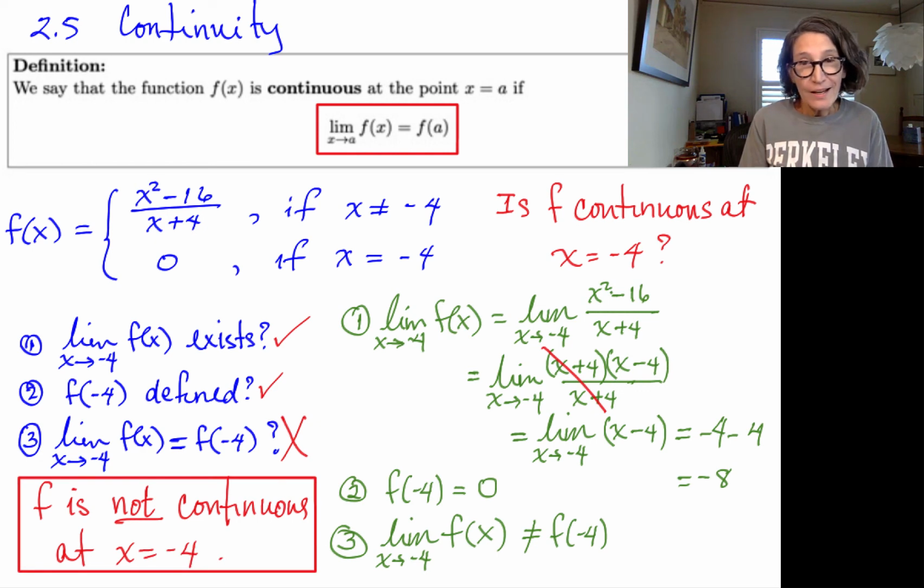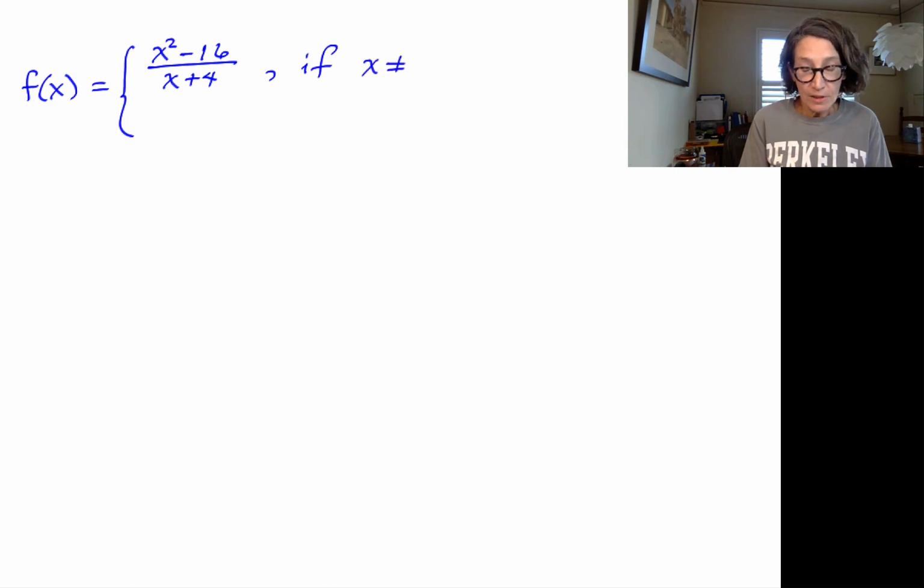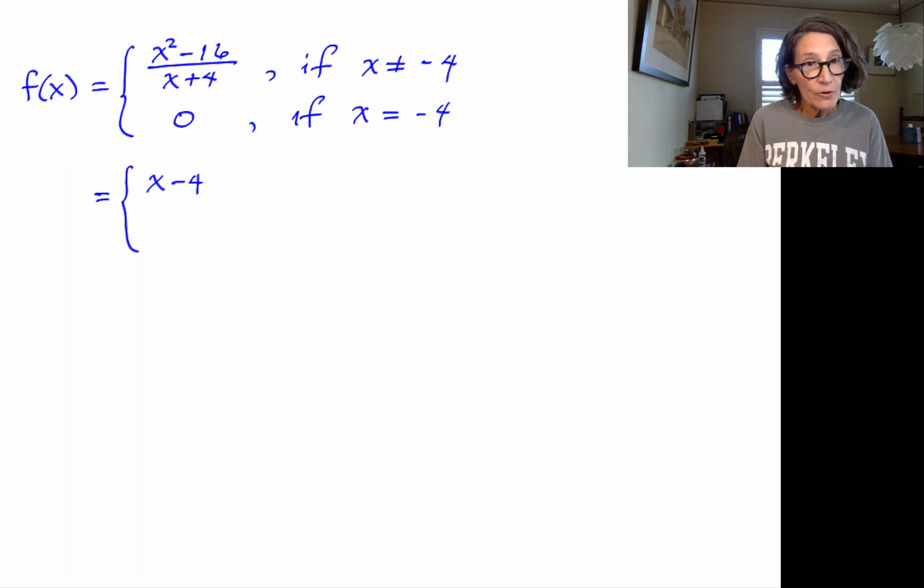All right. Well, let's see what that looks like graphically. So if we want to graph the piecewise function, x squared minus 16 over x plus 4 for x not equal to negative 4 and f of x equals 0 for x equal to negative 4, we can rewrite it. The first piece is really just x minus 4 if we factor the numerator and cancel.